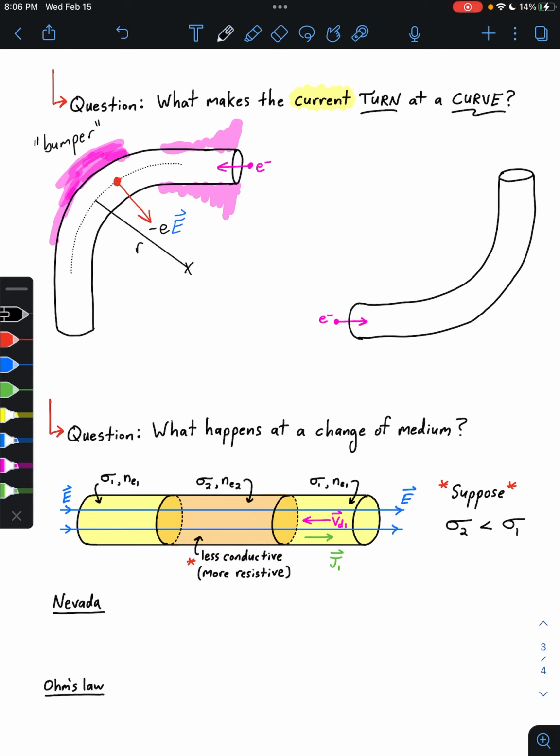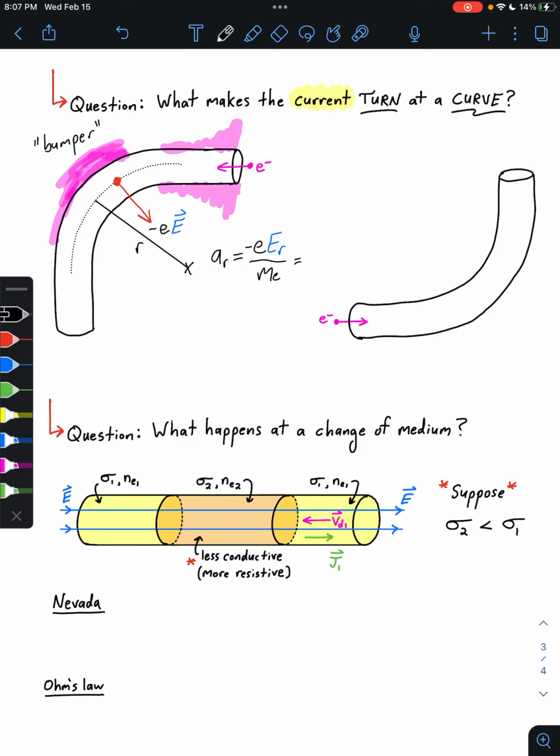So a late generation electron coming down this path is then repelled by this well-established bumper and can navigate all the way through this path via a centripetal force, keeping it in circular motion. If we write down N2L, then the radial acceleration of that latecomer electron will be given by the electric force produced by that bumper of negative charge.